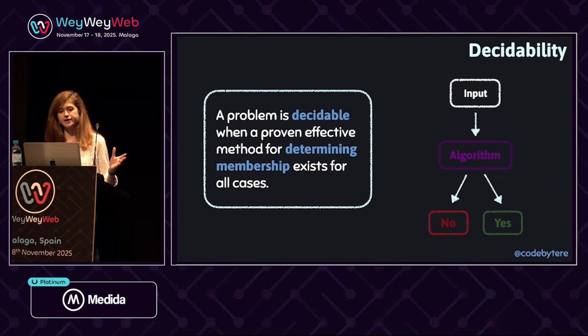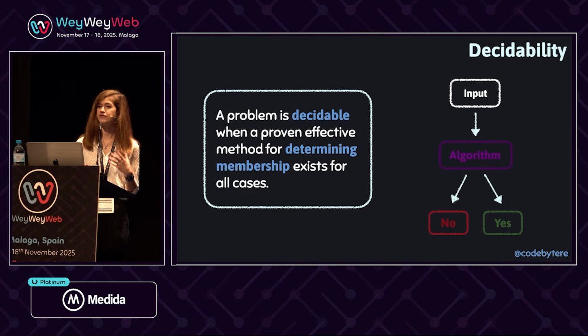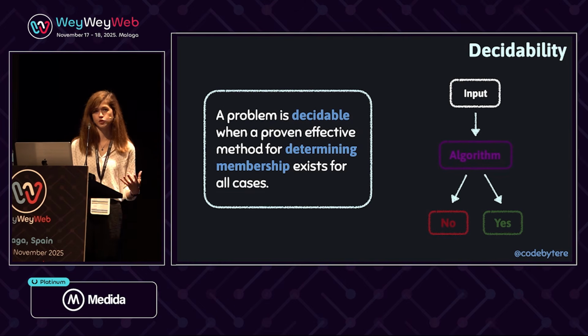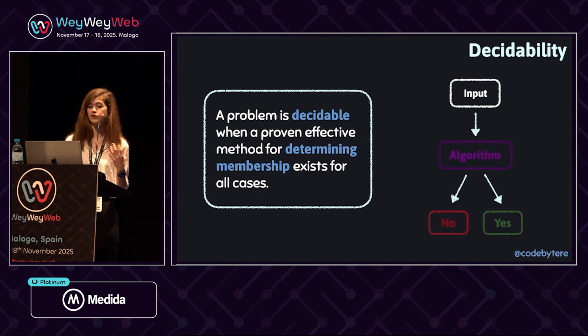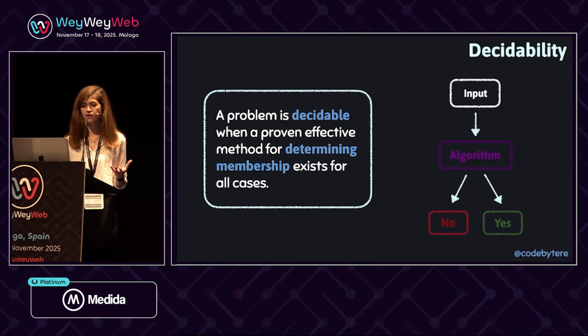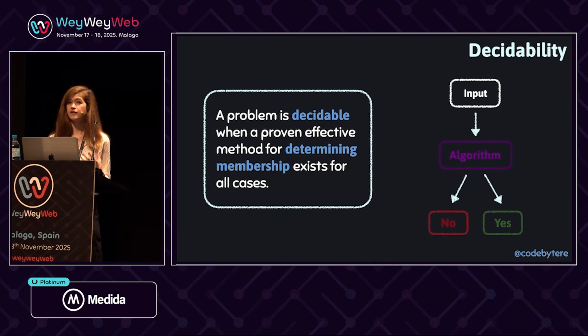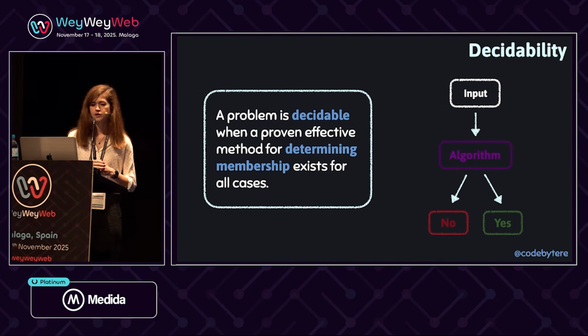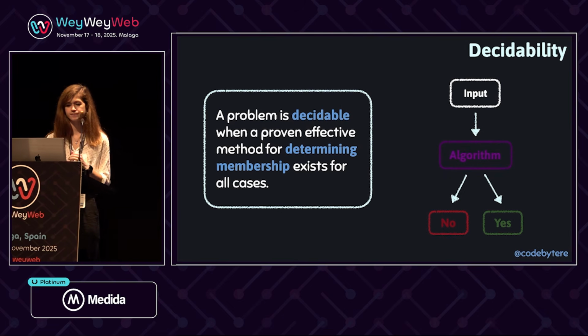Imagine you're a librarian, and your job is to figure out whether or not a given book contains a specific story. If you have a straightforward system, like flipping through the pages or searching through a catalog, that will always tell you yes or no for any book, then that's a decidable problem. You know exactly how to solve it, and you know that it'll work every time.